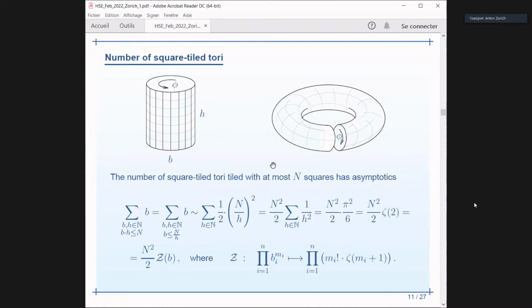Oh, so zeta of 2, this is the following sum. If you take 1 over h squared, where h runs 1, 2, 3, etc., the sum 1 over 1 squared plus 1 over 2 squared plus 1 over 3 squared, etc., this is zeta of 2. Okay, that I understand.